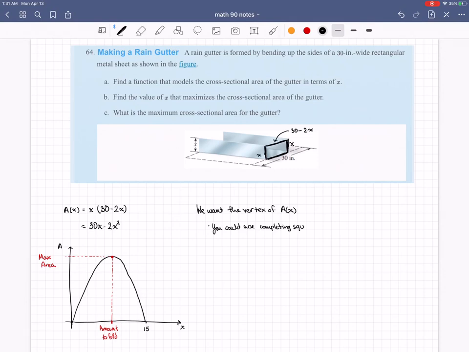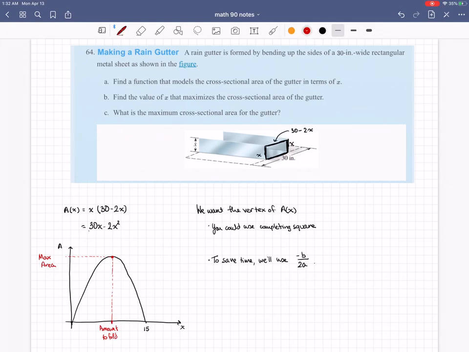But to save time, we'll use the negative b over 2a. Because we worked that through, we know why the vertex occurs at negative b over 2a, so we can just go ahead and use it.